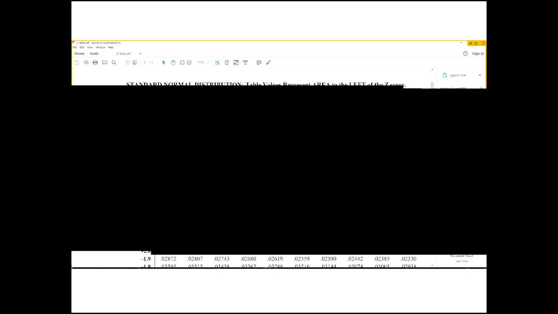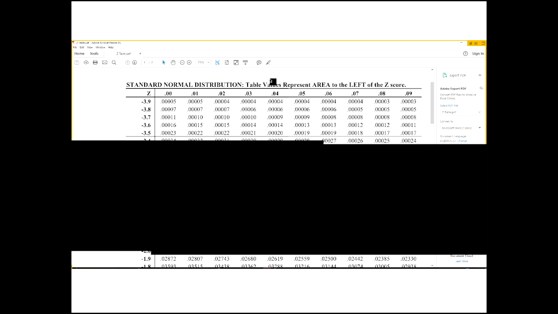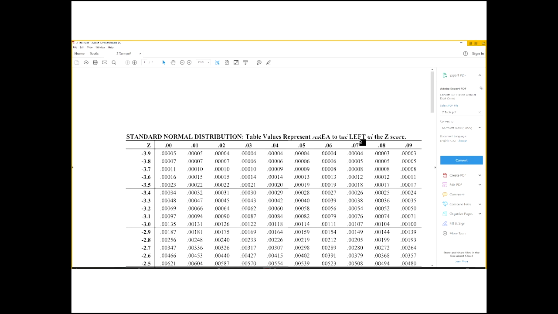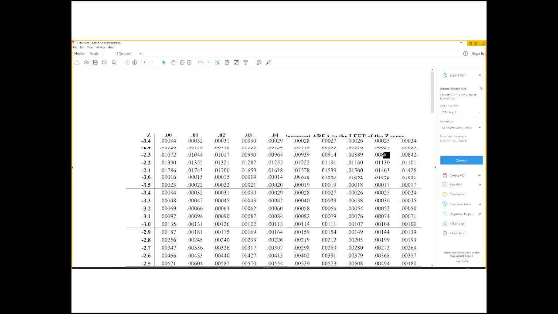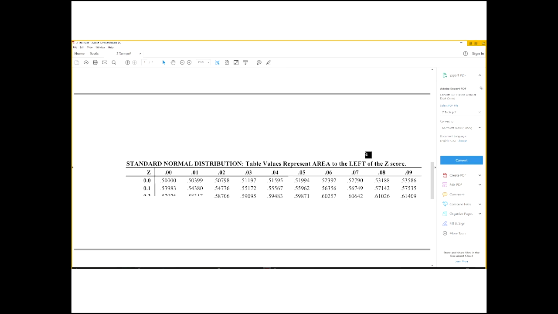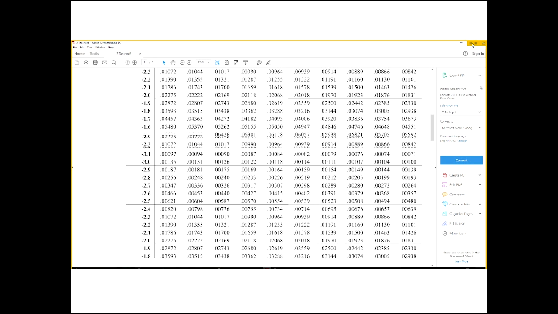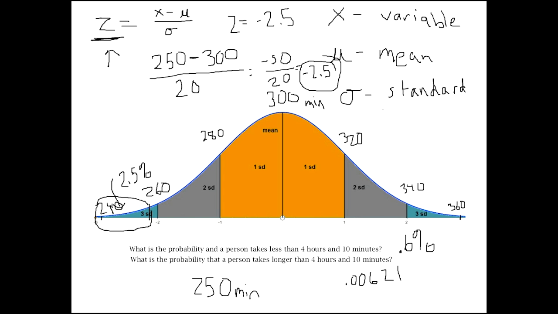But I want to point out something that it says on your table really quick. If you look, notice how it says the area to the left of the z-score. What they're talking about, right? And it says it on the second page too, if you look. Area to the left. What they're talking about is, if you're looking at this, it's talking about to the left of here, the percent of data left of here, or probability of data, which we can then take the probability and convert it to a percent.